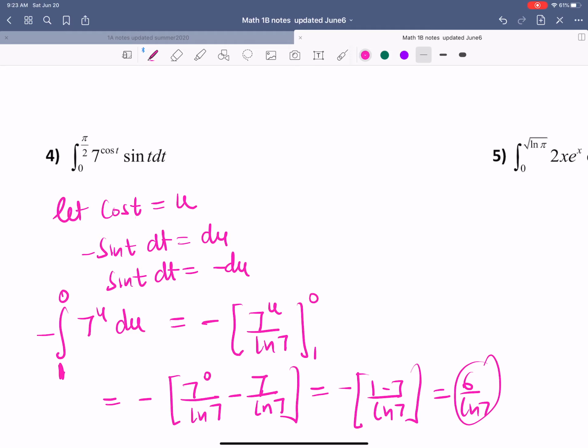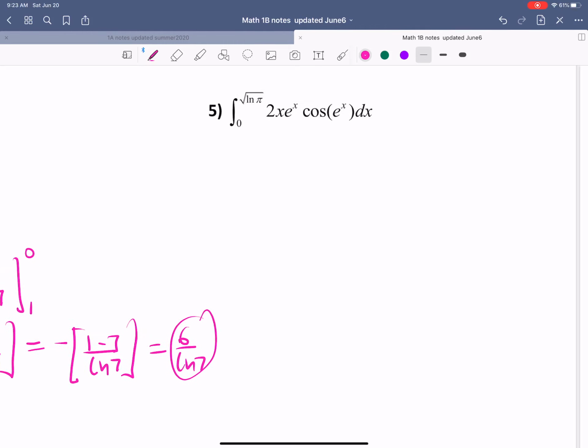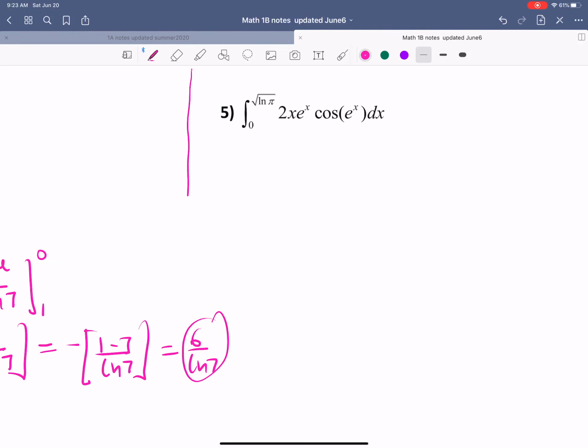Okay. Next we have example number 5 here. Integral from 0 to square root of natural log of pi, 2x e to the power x squared cosine of e to the power x squared dx. Looks like it's got a typo. It's e to the x squared here. Please correct.